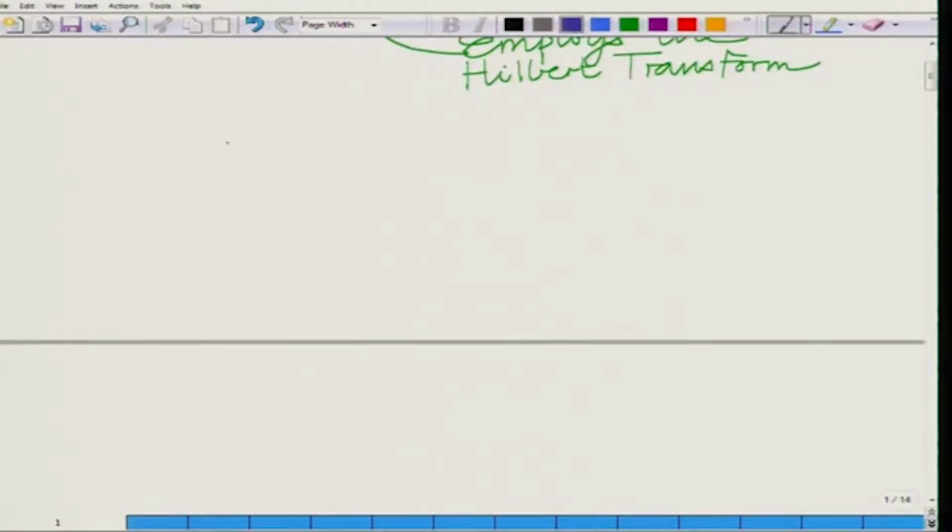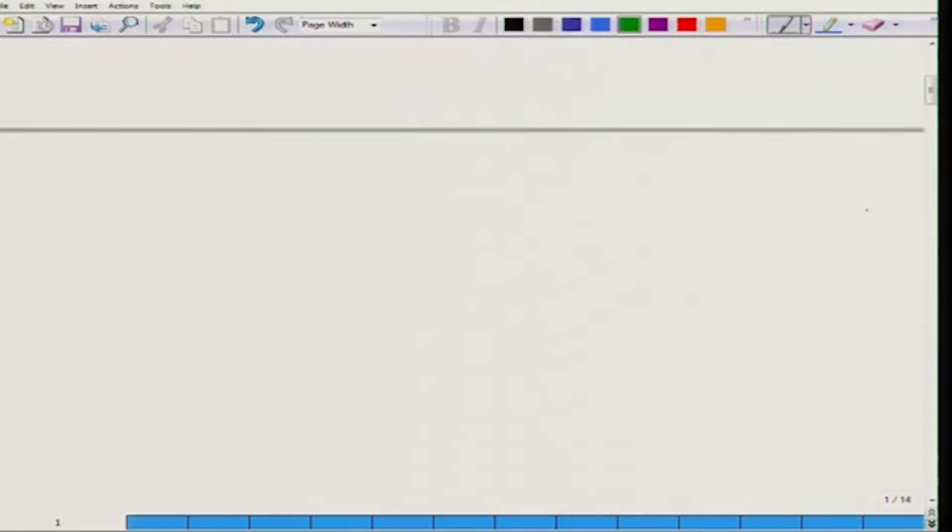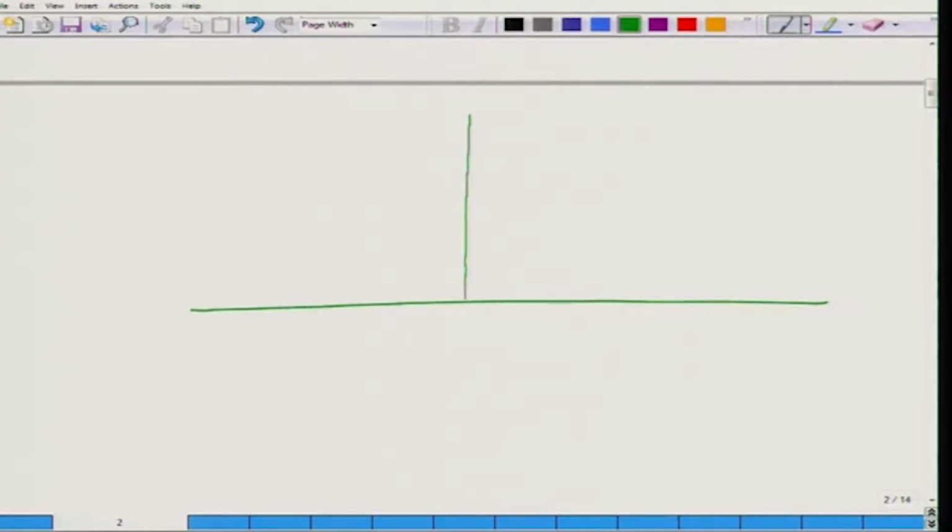To illustrate single sideband modulation, let us draw this spectrum. This is your M(f). The maximum frequency is f_m, so the spectrum extends from minus f_m to f_m.